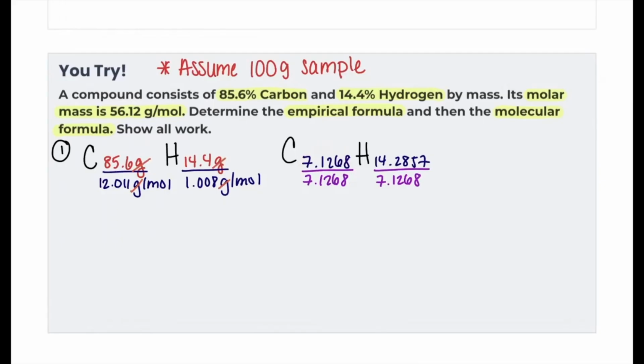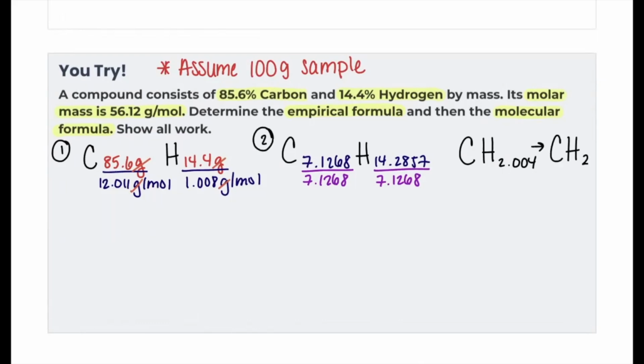And hydrogen, when you divide 14.2857 by 7.1268, you end up getting about 2.004. And because this number is very close to 2, we can safely round it off so that our answer is CH2.